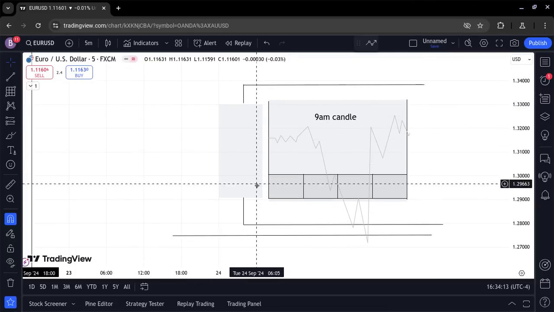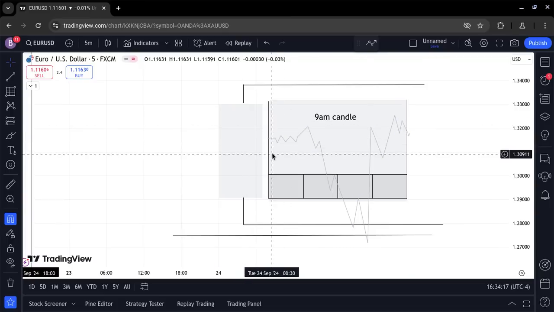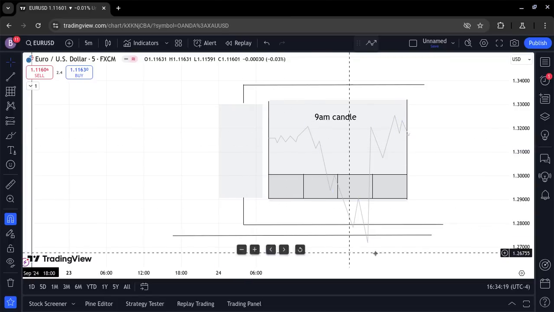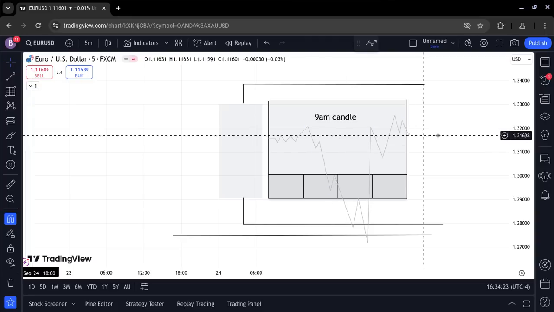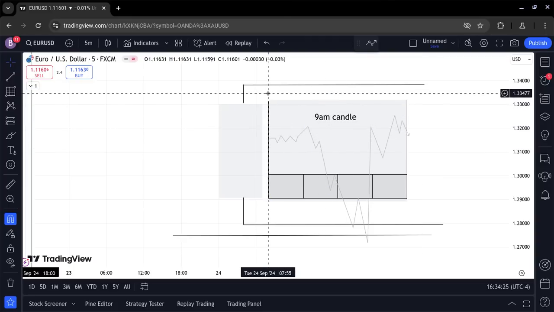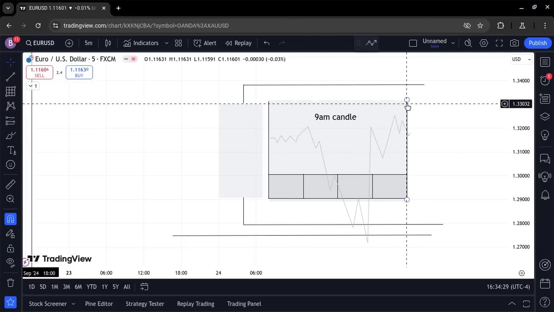You have a range, okay, you have a range, 5 a.m., 9 a.m. opens up, key level right here, Q2 of the 4-hour range, meaning from 9 a.m. to 1 p.m. all right.